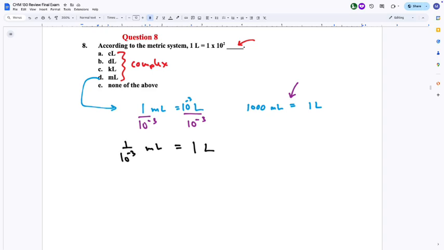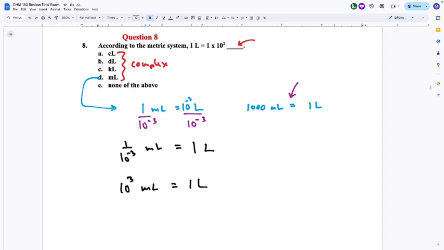You'd be like, well, that didn't make anything better. Okay? I had powers of 10 and negative powers of 10, and now I also have a fraction. This is horrible. Okay? Except through some mathematical manipulations, that negative just means run the calculation in the opposite location. Since it's currently in the denominator, I can flip it into the numerator, and I can get 10 to the 3 milliliters is equal to 1 liter.